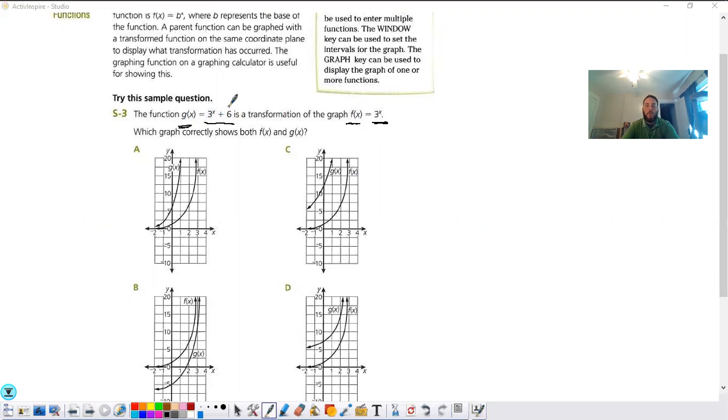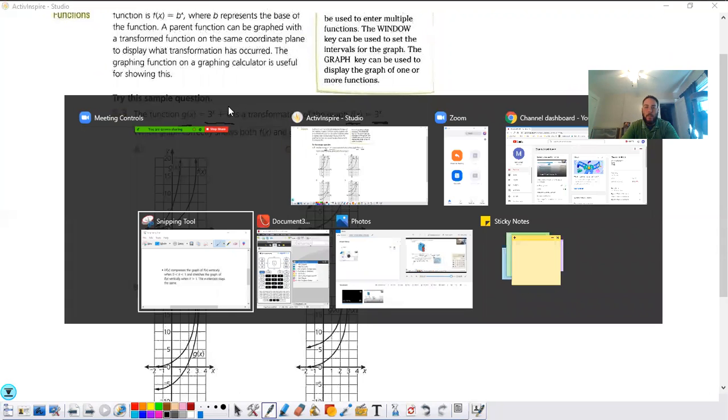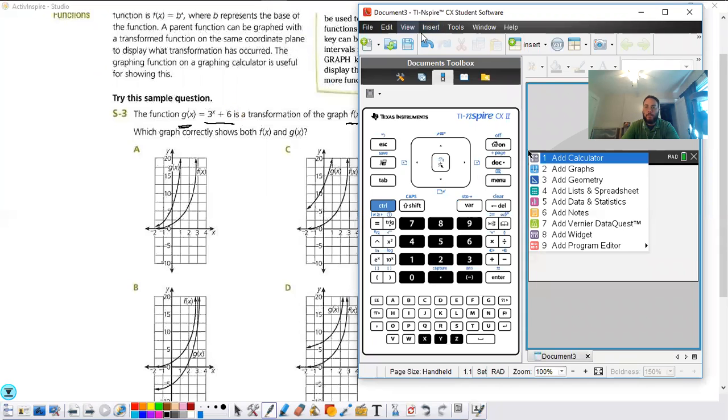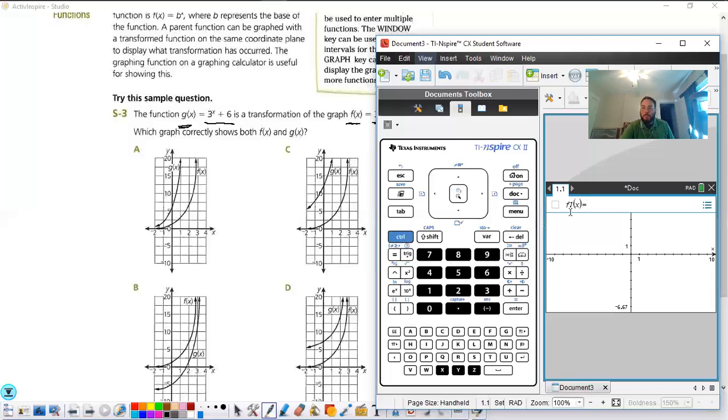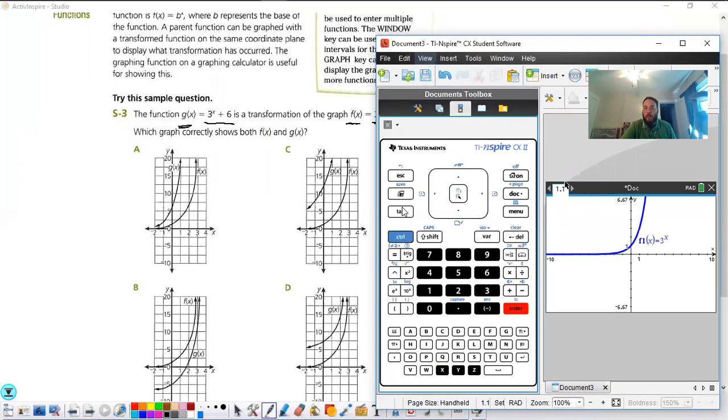So if I flip over to my graphing calculator, and we want to do two graphs, so we'll go to graphs. The first graph we're going to graph is the original function, which was 3 to the x. We can hit enter. And if we want to graph a new function, we'll hit tab.